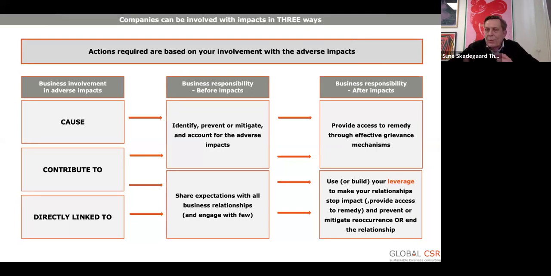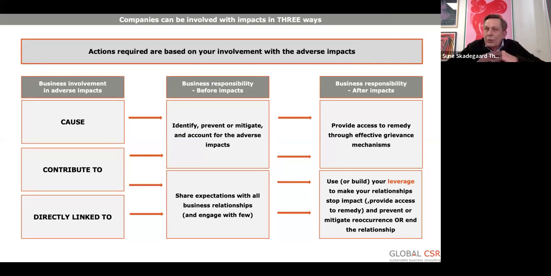You can also ask them to provide access to remedy, but it's not a direct requirement from the guiding principles. And of course, you would also ask them to prevent or mitigate any reoccurrence of the specific impact or any other impact, i.e. that they implement proper due diligence in their own operations.